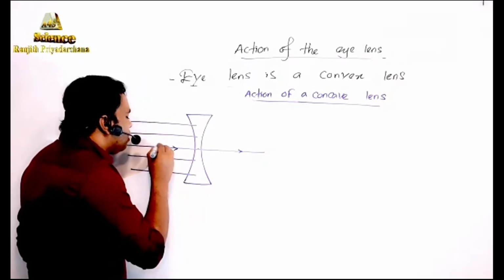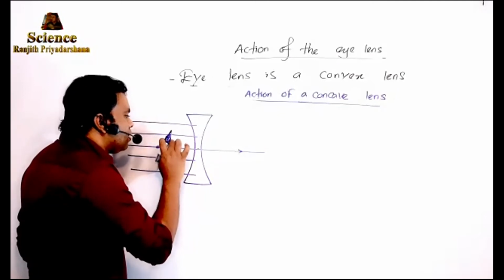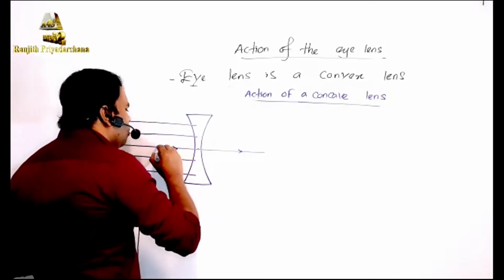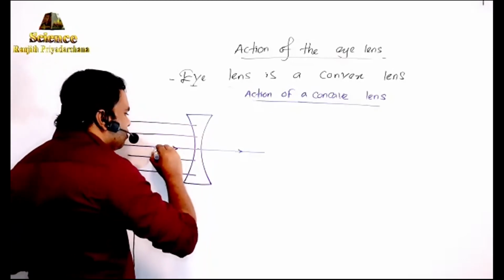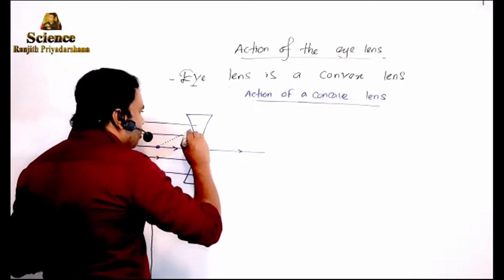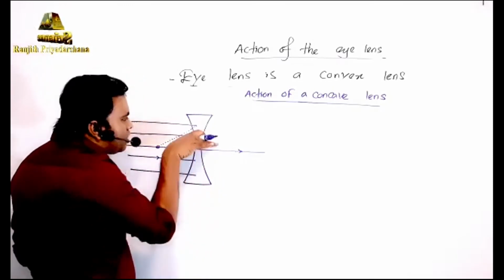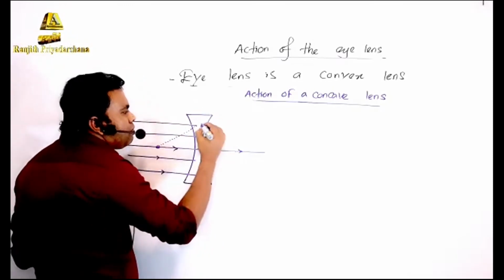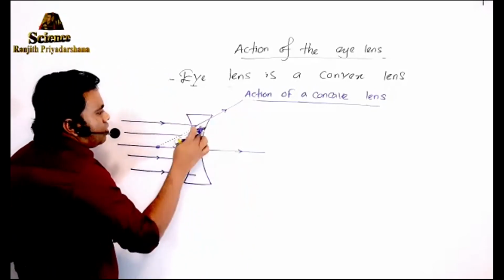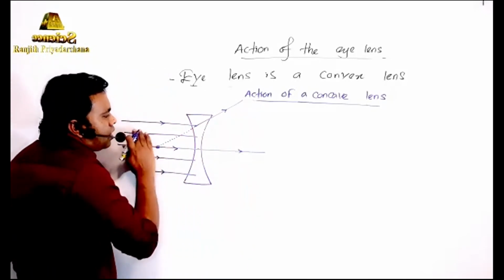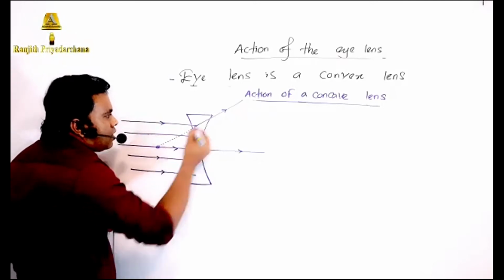That means in front of the lens, if you observe from this side, now look at this. You can keep your ruler here. Okay, you can keep your ruler like this, and without changing the direction, you can elongate the same line. Now it appears like the light rays are coming from this center point.